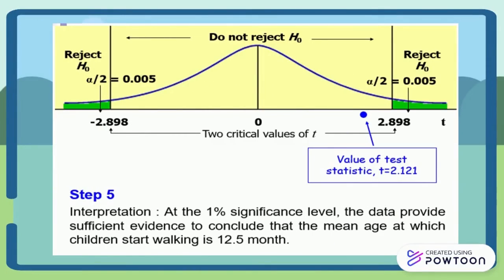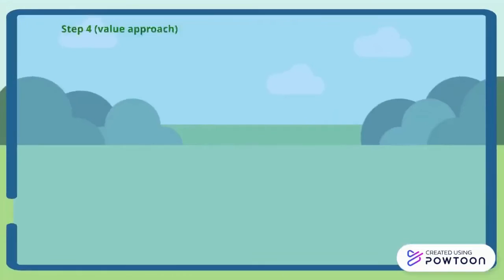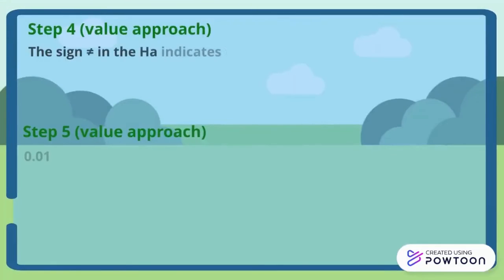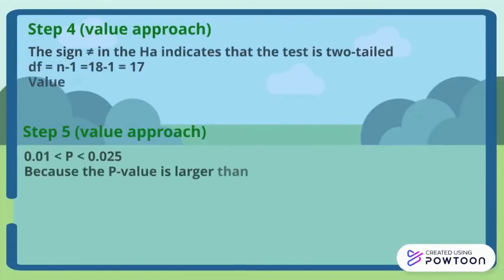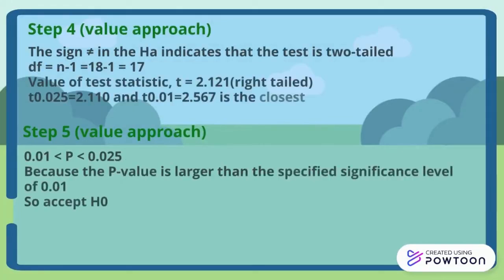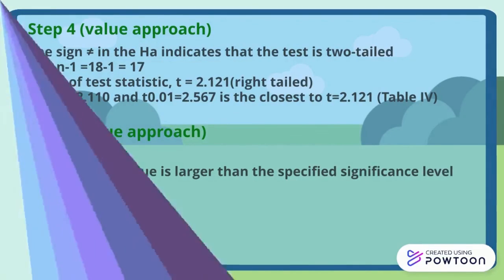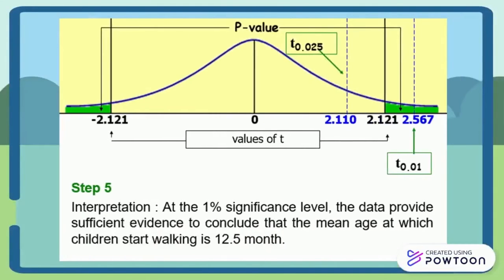Step 5 for p-value approach. This is the graph for step 5.